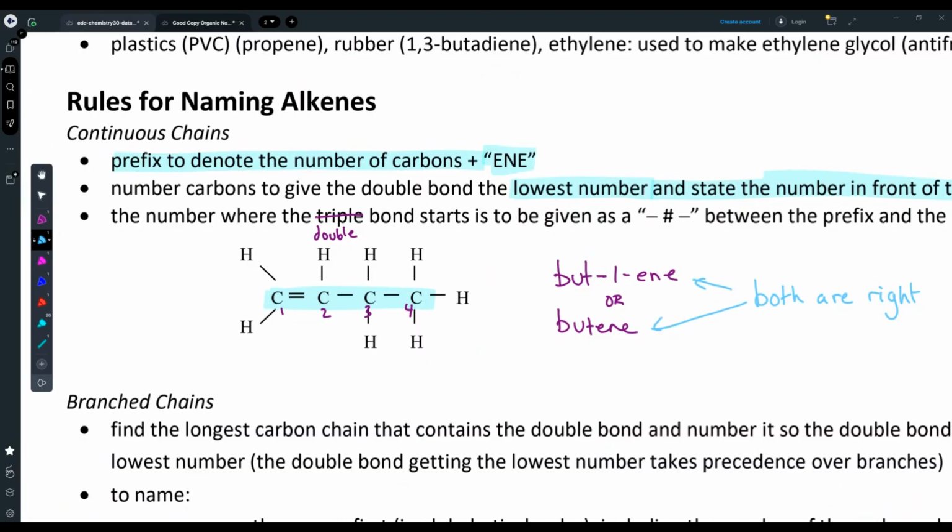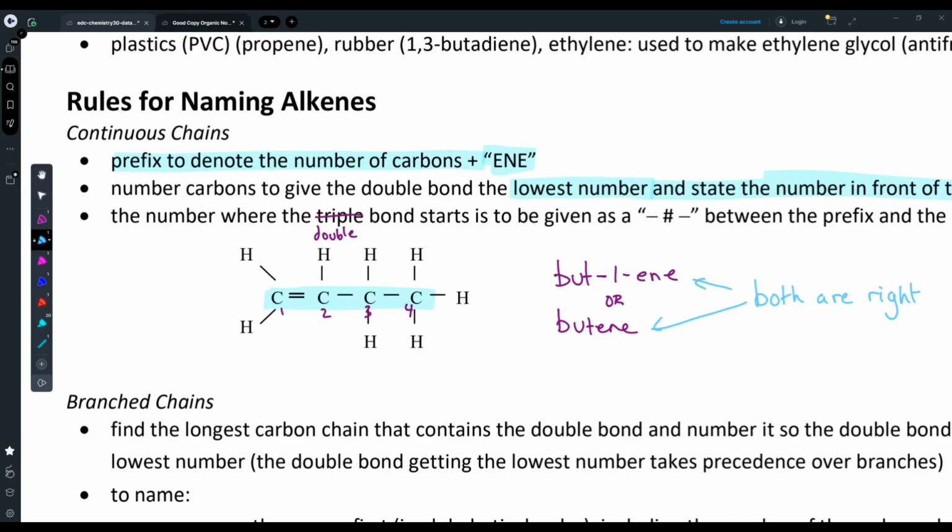However, for branches, you do need to specify forever and always the carbon number that it starts on. A branch is never going to start on the first carbon, because if it is, that means you're mistaking a part of your parent chain for being a branch. That would be the problem if you ever try to say that you have a branch on carbon 1.